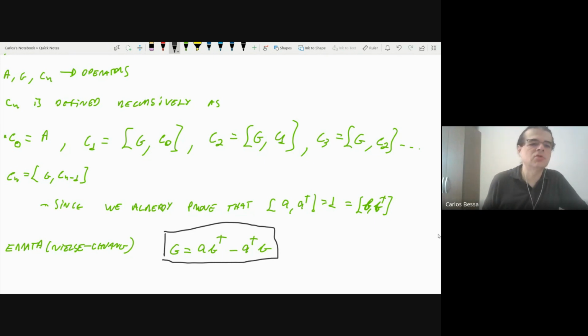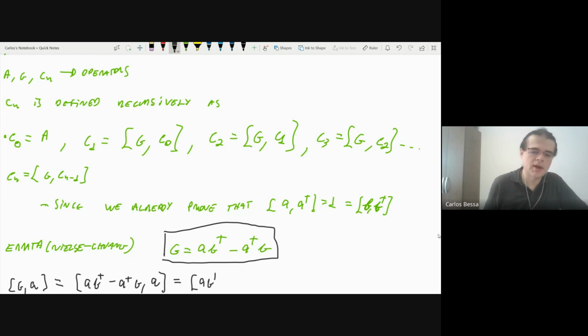This G will appear here in the Baker-Hausdorff formula, that's the definition of the cap B. So if we define G this way, we could show that the commutator of G and A, I'll do just the first and you guys do the others, is A B dagger minus A dagger B, A.